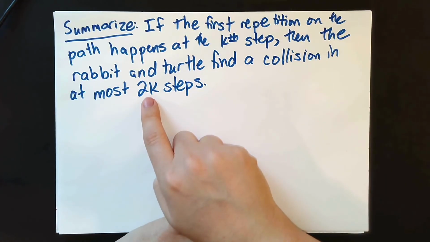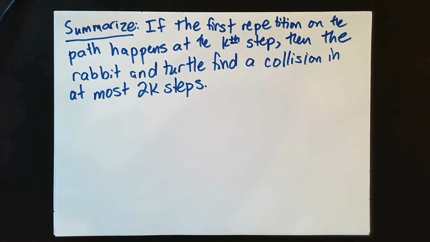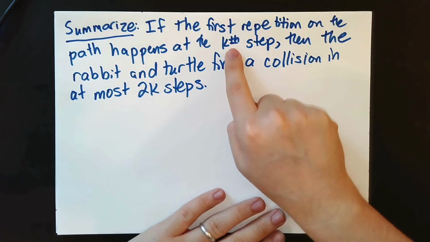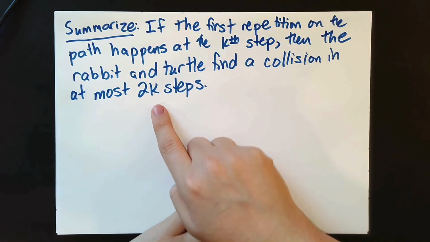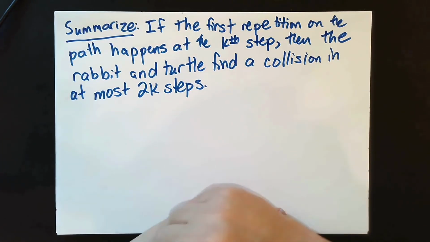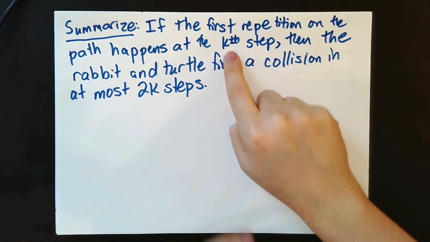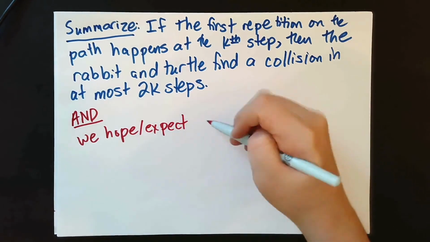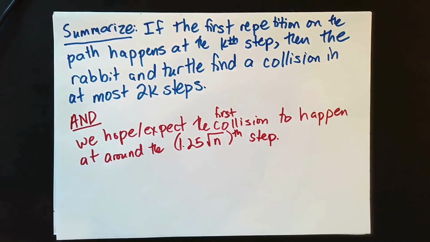Now, in a sense, this is a huge sacrifice, because we're saying if the first collision happens at, say, the 10,000th step, we're accepting that we might not find a collision until the 20,000th step. But that's okay, because again, we hope that the first collision should happen around the square root of the size of the number step.